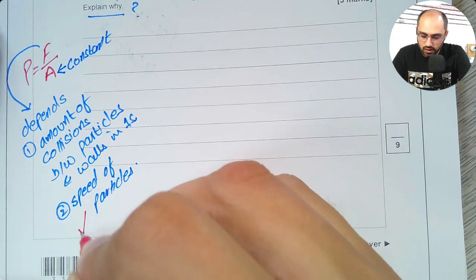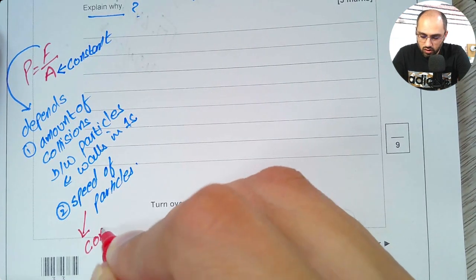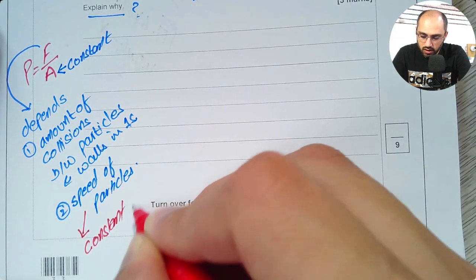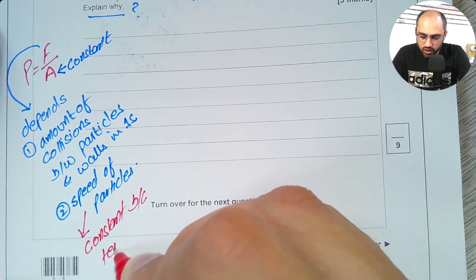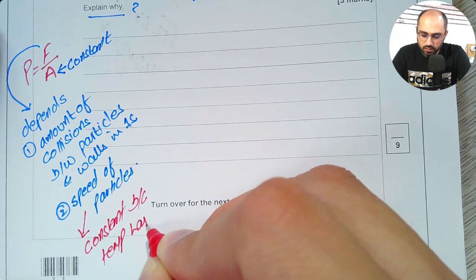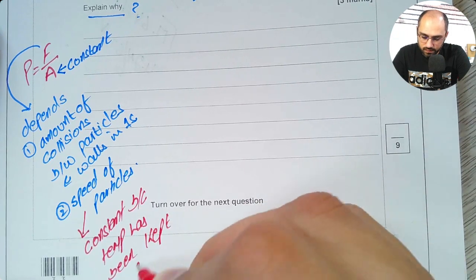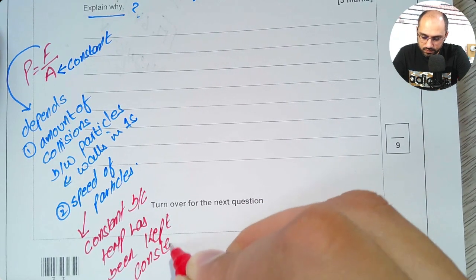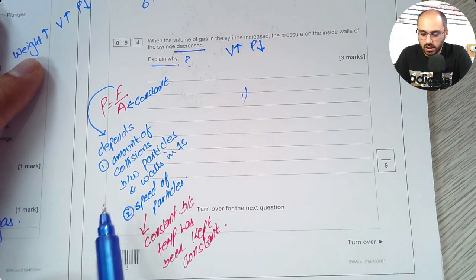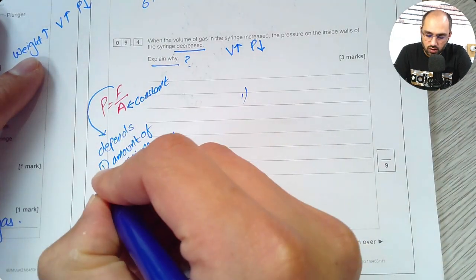Now in this case, this is constant because temperature has been kept constant. In this case, I will only focus on option 1.